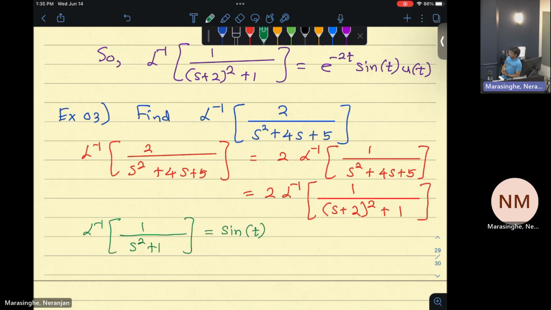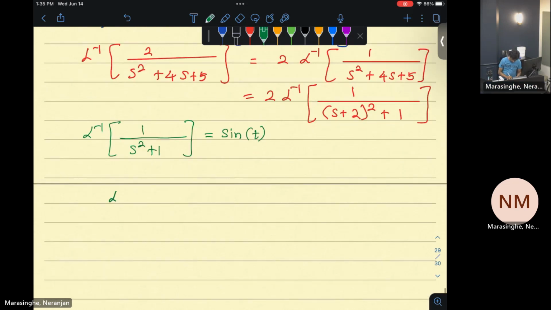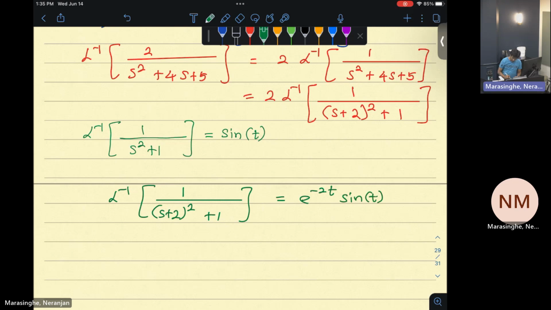You need to multiply that by e to the minus 2t, because it has been translated by minus 2. So the Laplace inverse of 1 divided by (s plus 2) square plus 1 is equal to e to the minus 2t sine of t.